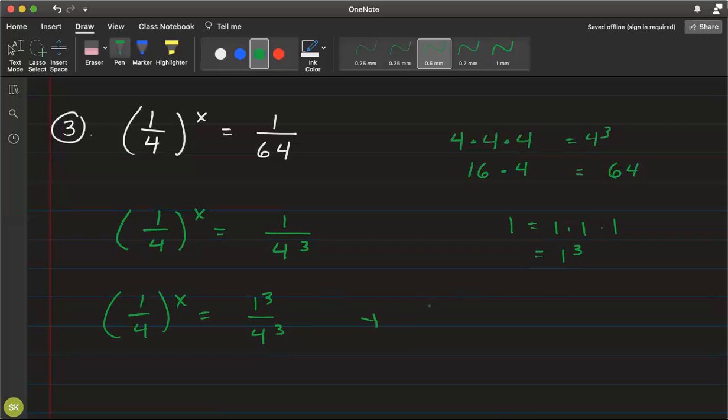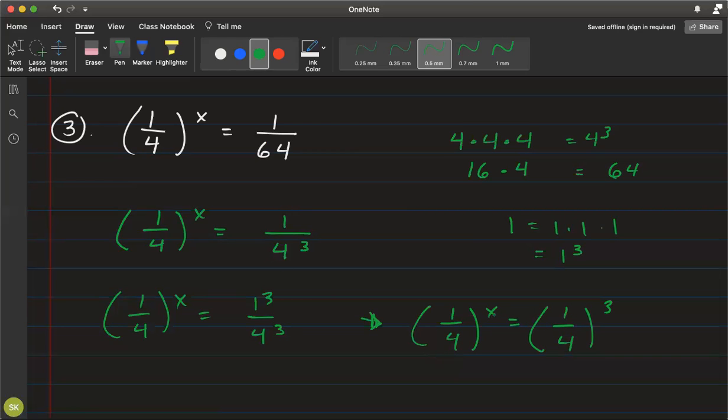So from here I can say 1 over 4 to the power x is the same thing as 1 over 4 cubed. Because this 3 will be sent to everything inside, so you'll get 1 cubed and 4 cubed, exactly what we have right here. And in that case, now we have the same base.